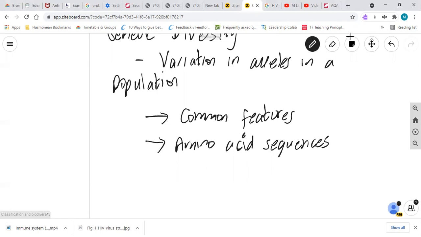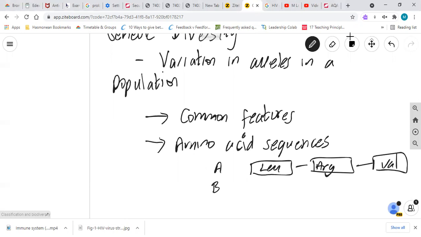Now, the problem with amino acid sequences is we know that the genetic code is degenerate, which means that there could be changes to the base sequence that wouldn't affect the amino acid sequence. So I might see that organisms have exactly the same amino acid sequence as each other. So let's say I've got organism A and organism B, and I compare them, and A has leucine, arginine, and valine, and B has leucine, arginine, and threonine.